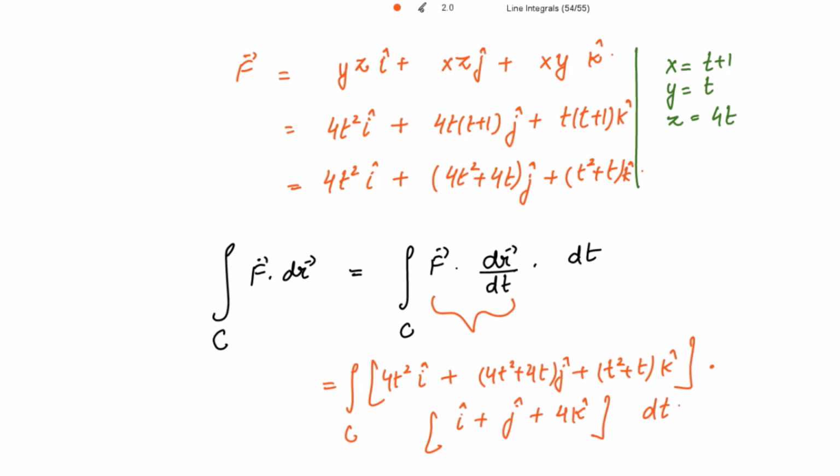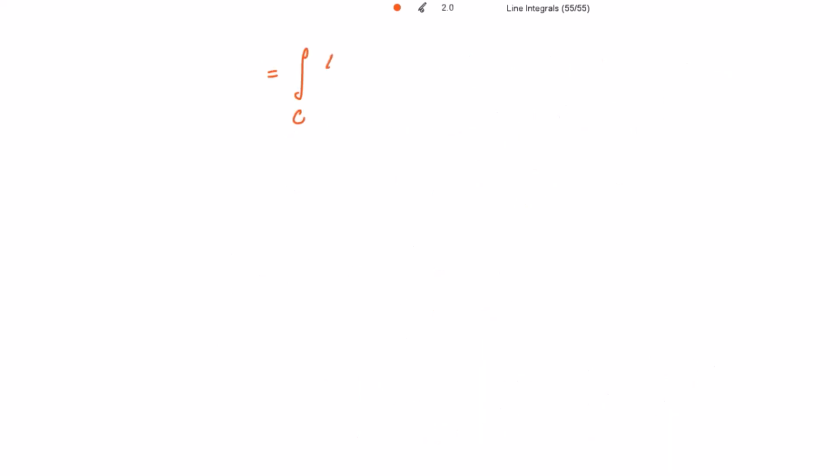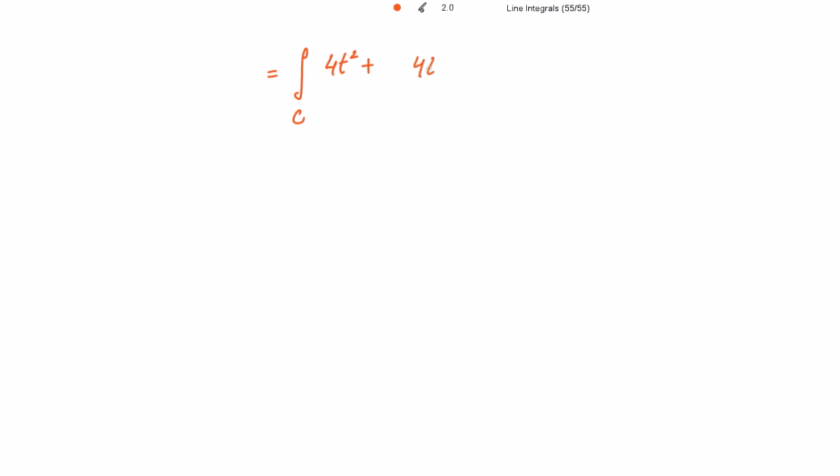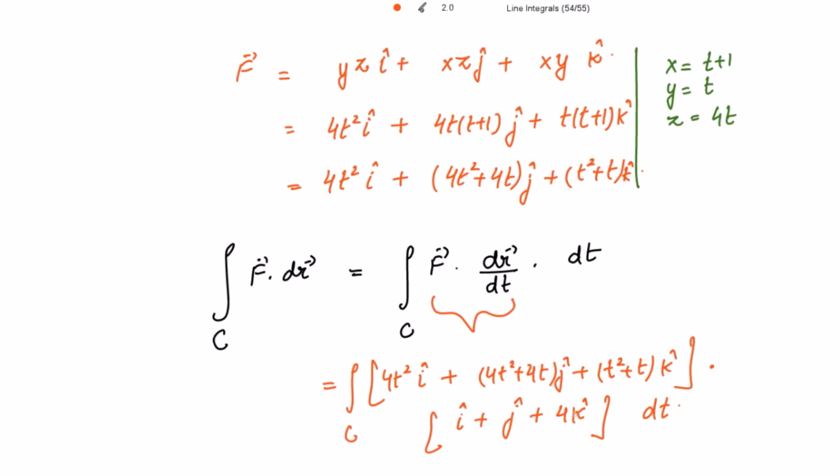Now taking the dot product, that becomes 4t square plus (4t square plus 4t) plus 4 into (t square plus t) dt.